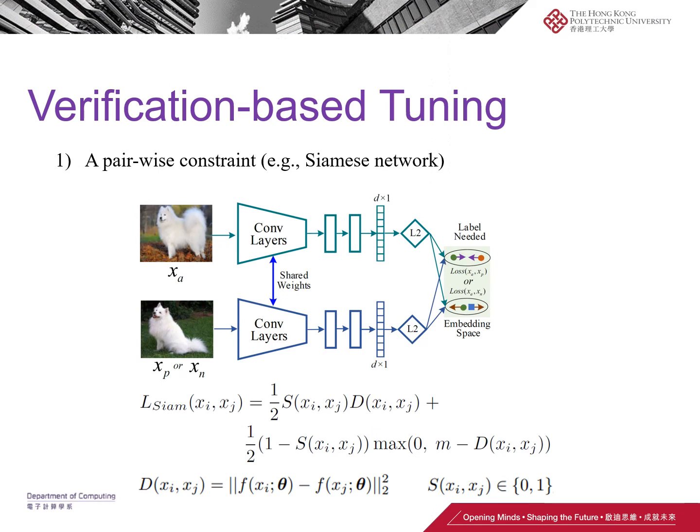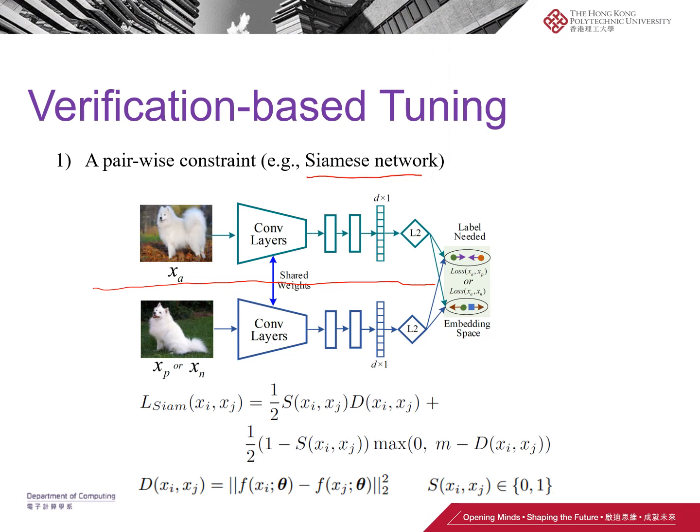Another group of representative methods for fine-tuning the parameters is called verification-based tuning. Here is one of the examples. It's called Siamese network, which means we actually have two streams, as you have seen here. There is an upper stream and there is a lower stream.